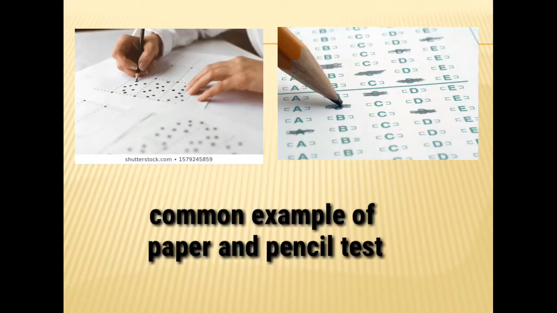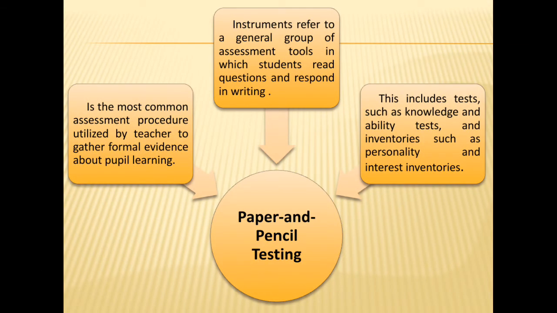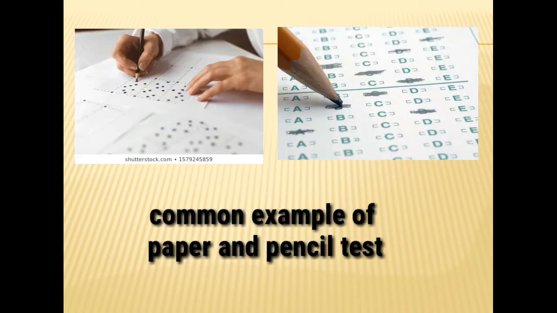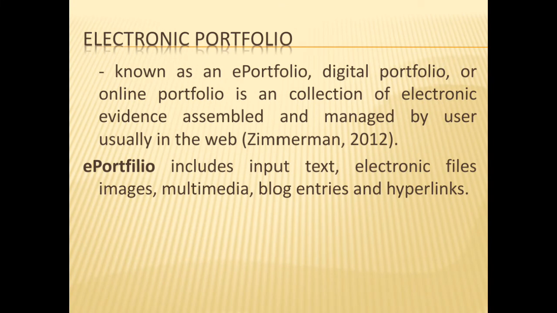So in other words, paper and pencil test assessment refers to traditional student assessment formats such as a written test, and also to standardized tests that ask students to use pencils to fill in the bubbles on a scannable answer sheet.